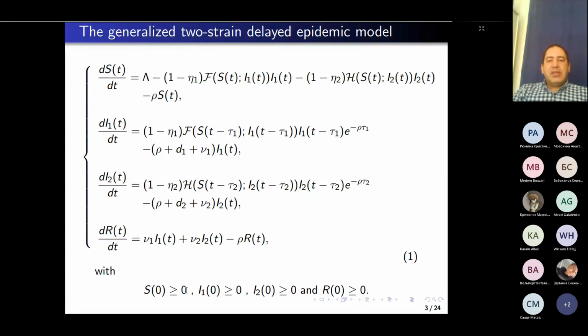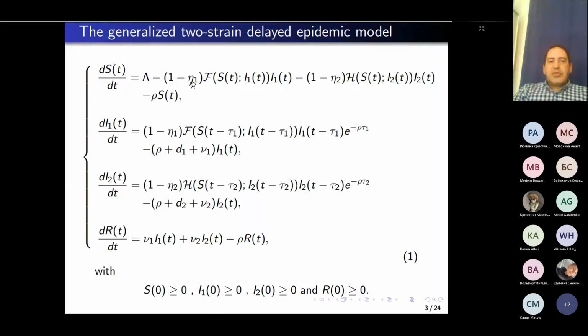Here, of course, the initial conditions are assumed greater than or equal to 0, which agrees with the biological background of our problem.